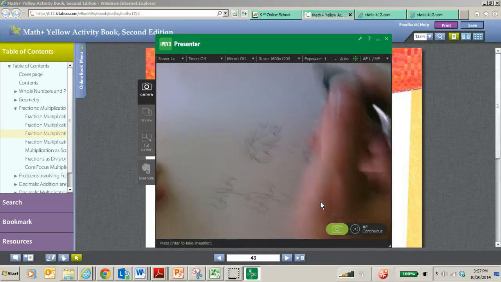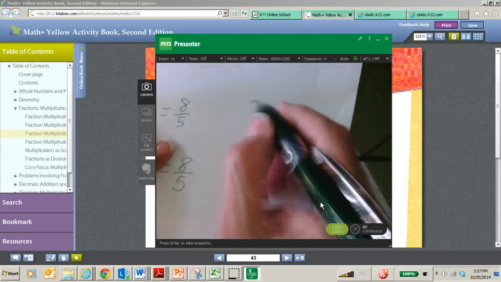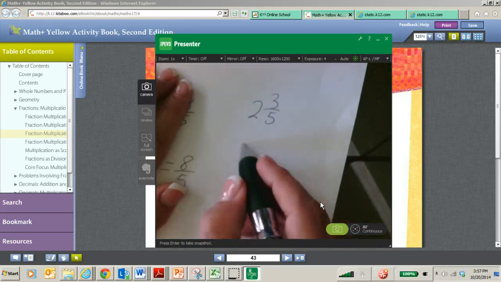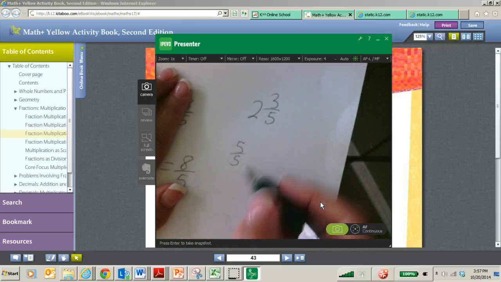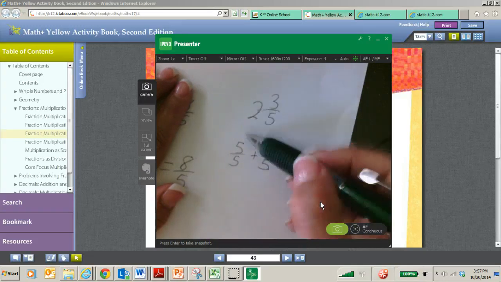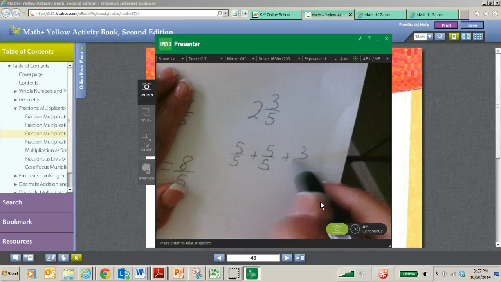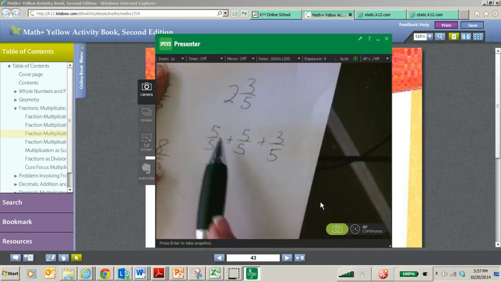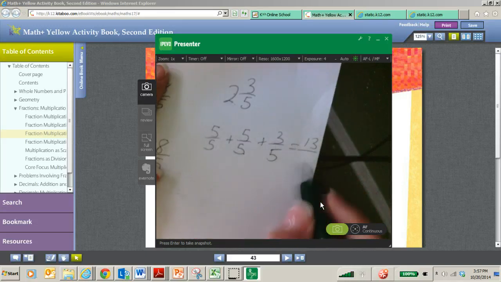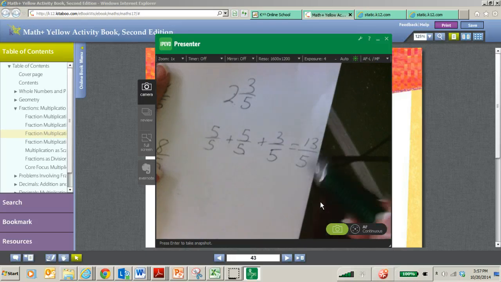Now, if we had something such as 2 and 3/5, we would need to have 5/5 or 1 plus another 5/5 or another 1, because there's 2 plus 3/5. And you would see we have 5 plus 5 plus 3 is 13, and we keep the denominator the same, so we have 13/5, which is improper.